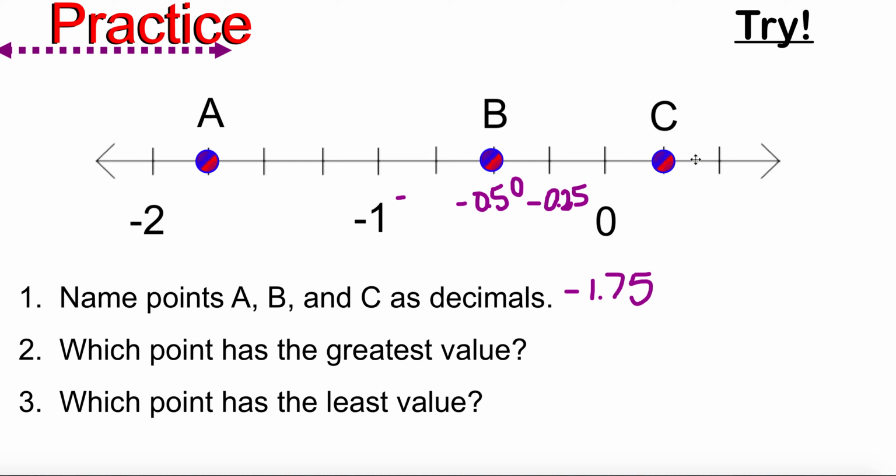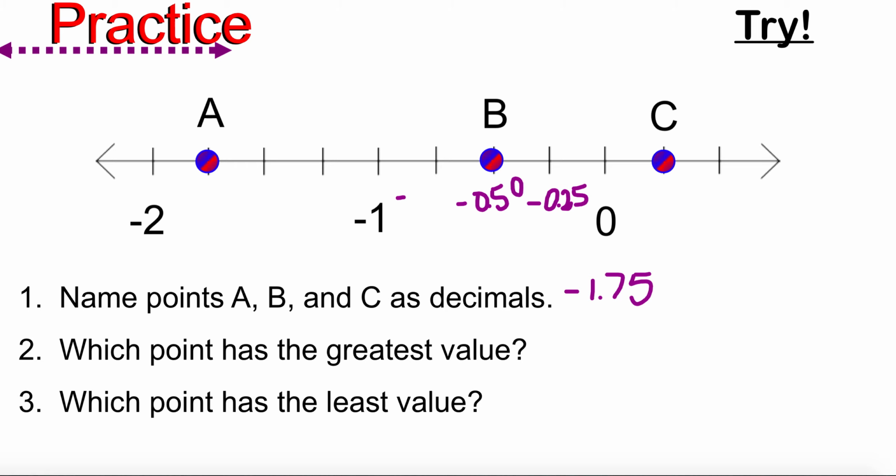Farthest to the right is C, right? Which point has the least value? Which point is farthest to the left? That is the least value, farthest to the left. You just have to plug in the numbers.